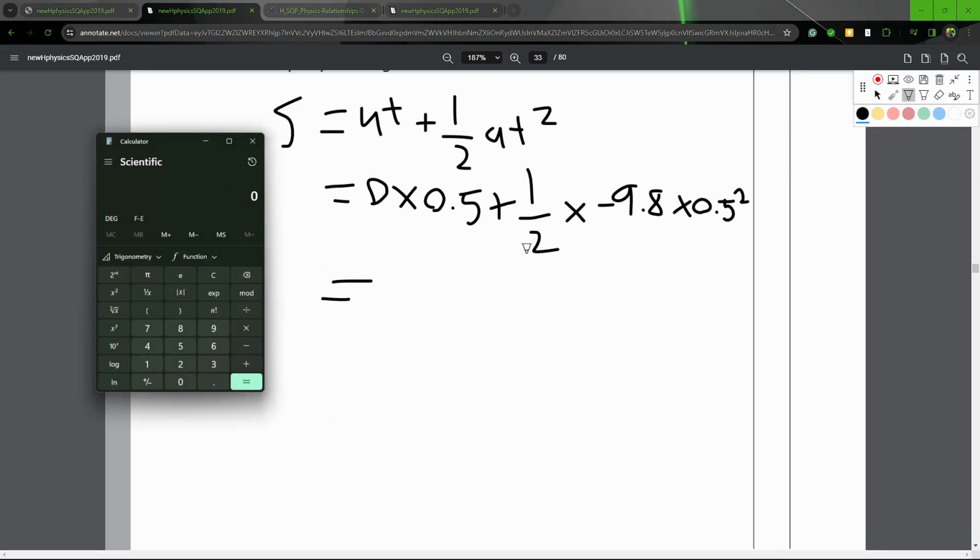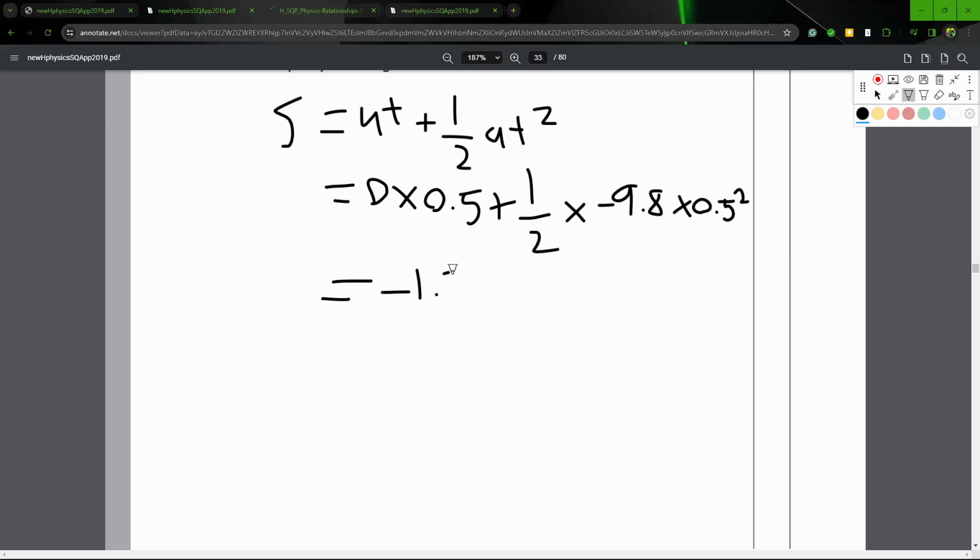So we can just go with the latter half. 1/2 is 0.5 times 9.8 times 0.5 squared. Bring that up and we get this number. Now, if you put your units in, meters, you can actually straight away get the mark.